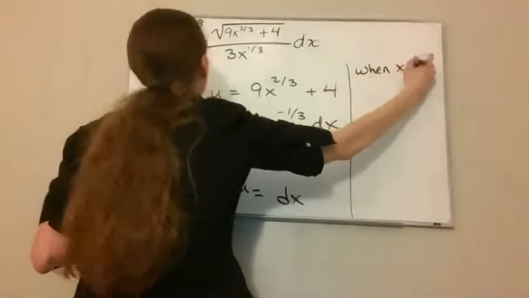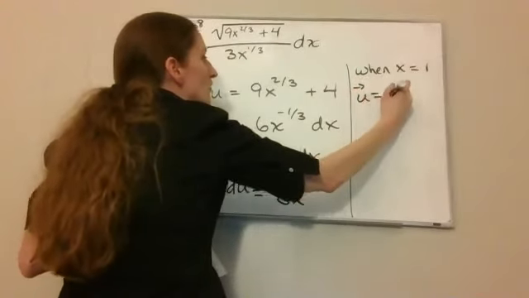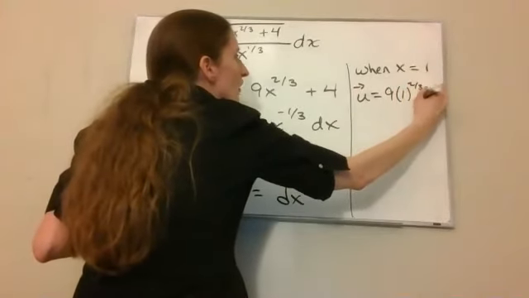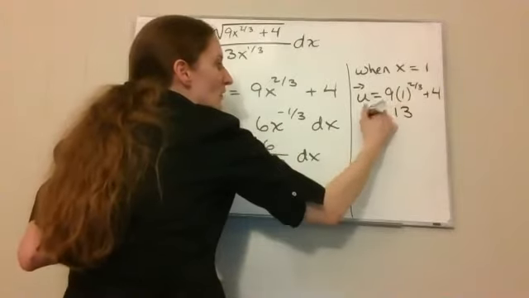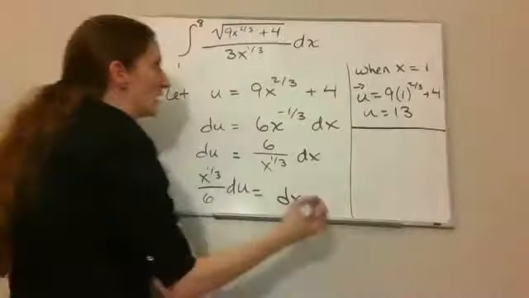When my x is equal to 1, that means that u is equal to 9 times 1 to the 2/3 plus 4, which is equal to 9 plus 4, which is 13. My lower bound is now 13.